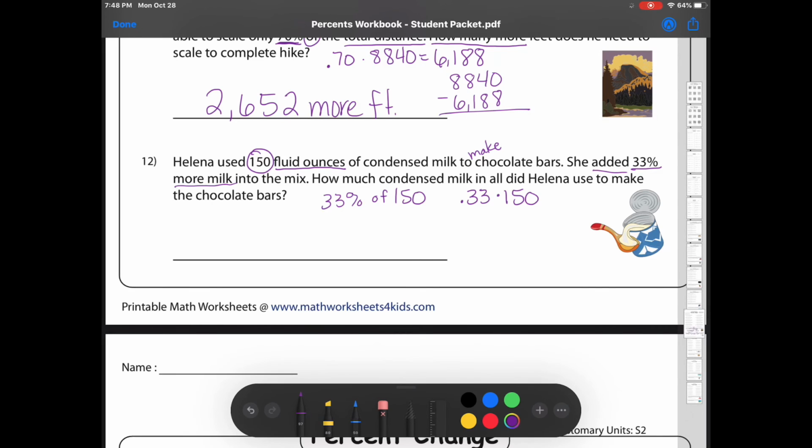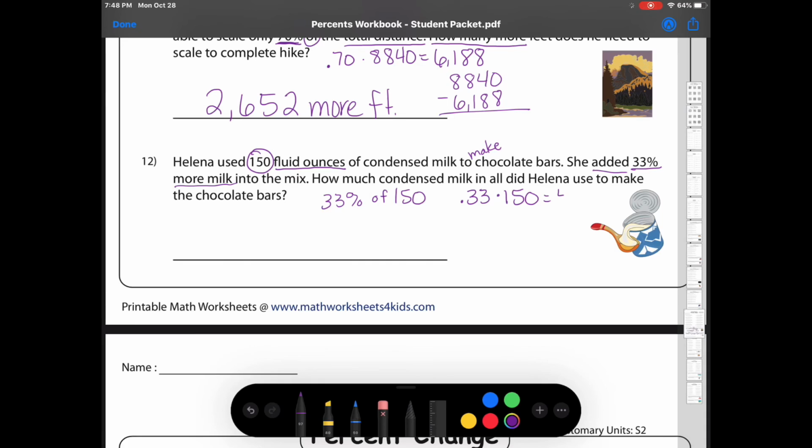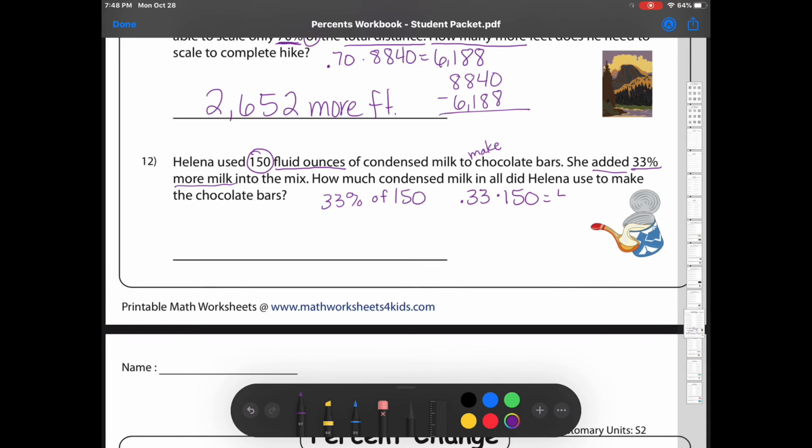So 33 hundredths times 150 gives me a total of 49 and a half. So what do I do with this? I have to add it to the original amount. So if I add that to the 150, Helena used a total of 199 and a half ounces of milk in her recipe. And there you have it.